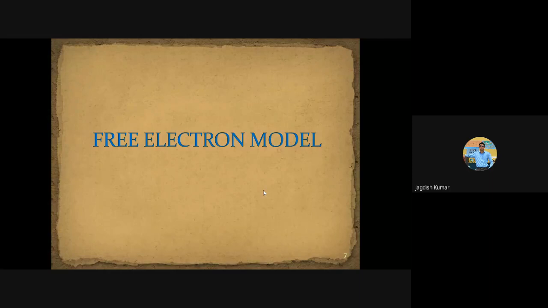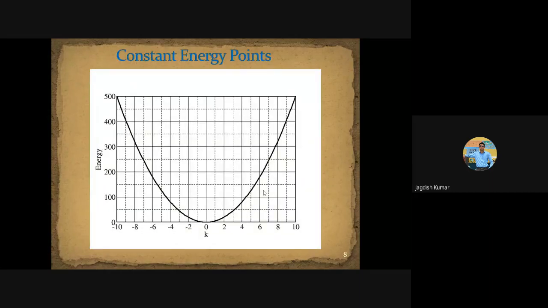So let us now come to the free electron model. This is how the energy for a free electron looks, isn't it? h cross square k square over 2m. It looks like a parabola. Units are arbitrary. Then you may have Brillouin zone boundaries. Let us say a is equal to 1 unit. Periodicity is 1 unit, a.